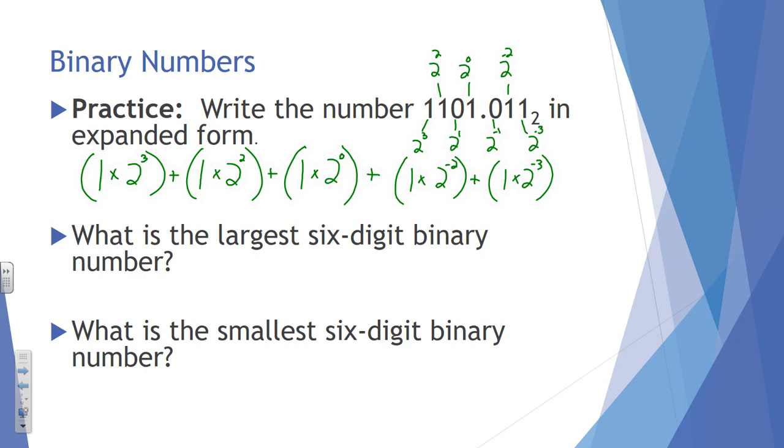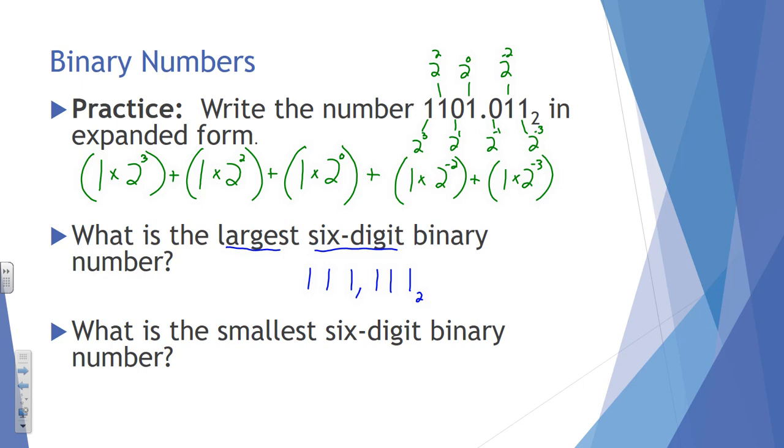So in similar fashion, think what would be the largest 6-digit binary number? Well, we want to use 6 digits, and we want it to be as big as possible. So the largest 6-digit binary number would have to be a set of 6 ones, 111,111, and that would be base 2. What would the smallest 6-digit number be?